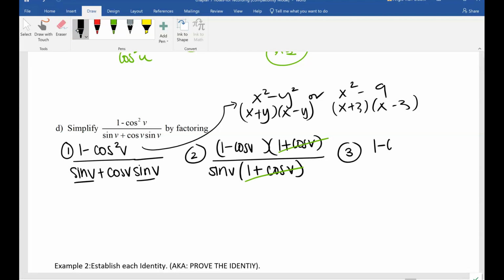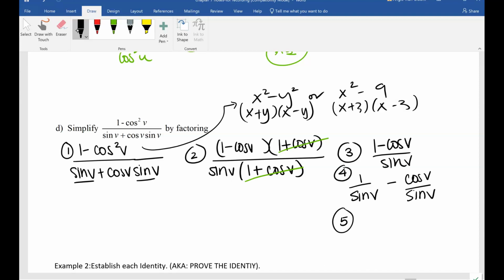Next, we have 1 minus cosine of v divided by sine. We can go about this a couple different ways. Let me split it up to see if that's any simpler. What if I go, step number 4 that is, 1 over sine v, take away cosine v over sine v, okay?